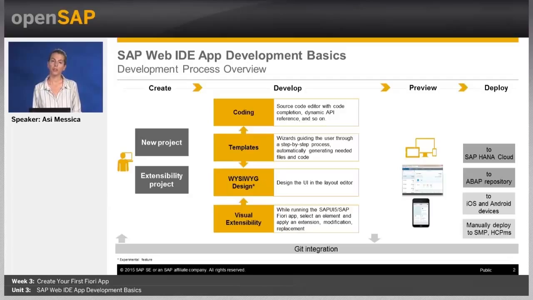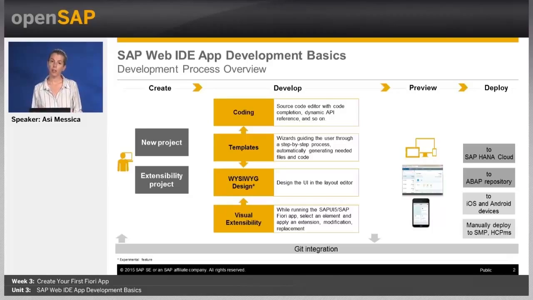You can also test it with different languages if you have the translations. And for those who use it for hybrid application development, you can also have a preview in a companion app or in a mobile device.